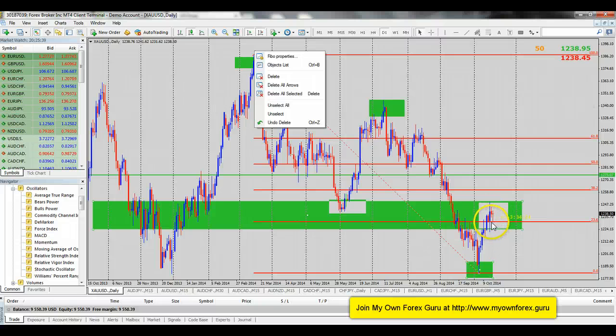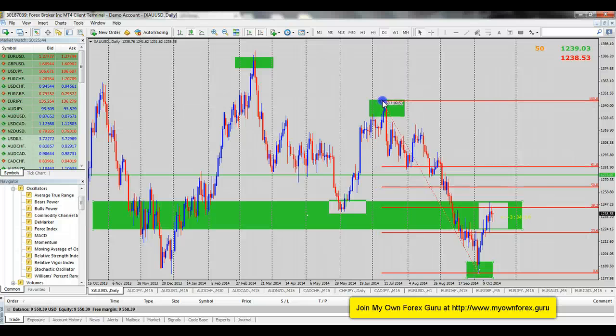It hasn't come through. If we move the top, it's kind of the same here. It hit 38.2, bounced back a little bit, tickled it, didn't break through, so it didn't hit resistance.